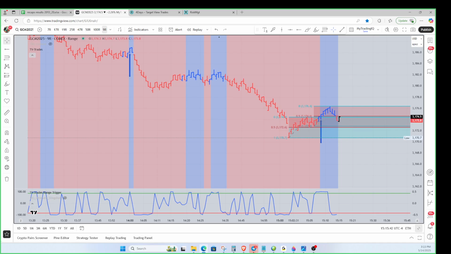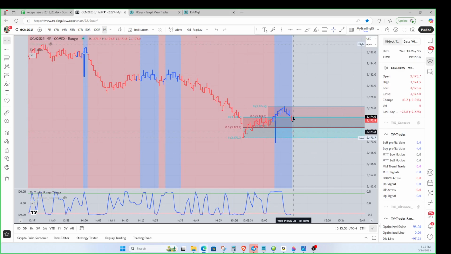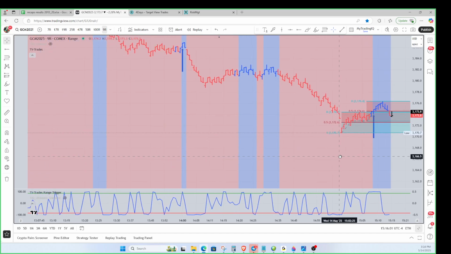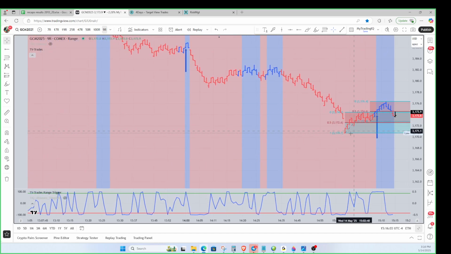73.6. Sorry, what am I looking at? What market is this? Gold. Okay. 73.6 up to 74.6 is what you're looking at there. I think. Just make sure that's the low on that bar. Low is 73.6, yes. Okay. But that's why you would use that point instead of this point over here.